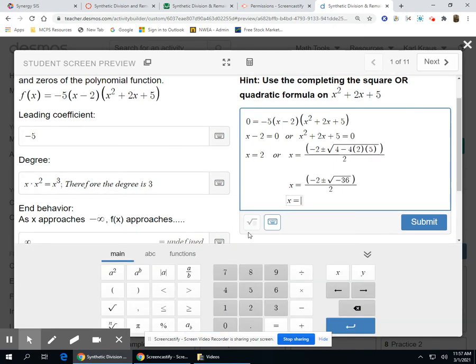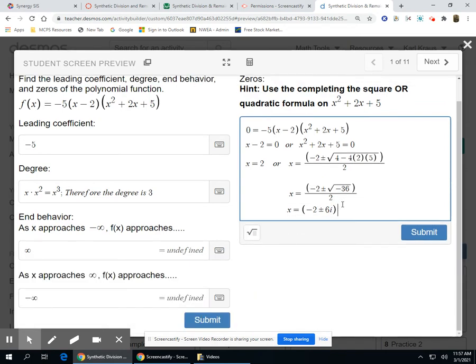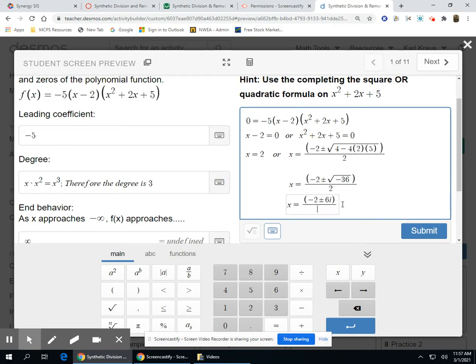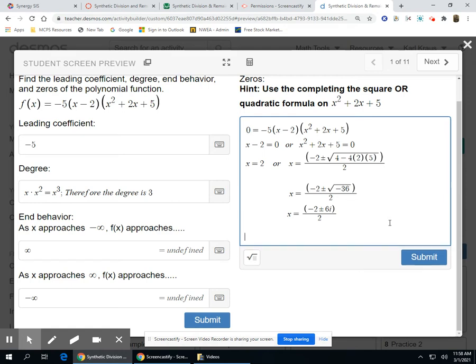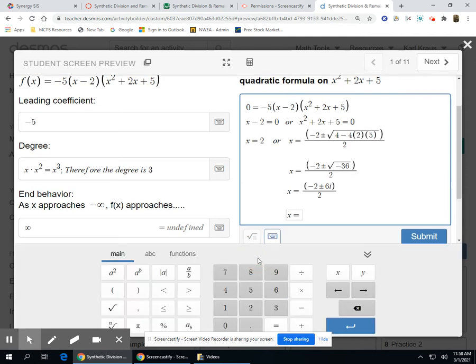So x equals -2 plus or minus 6i over 2. So x equals -1 plus or minus 3i.